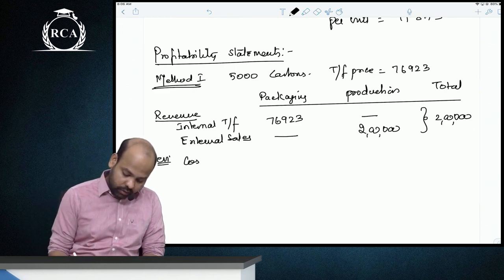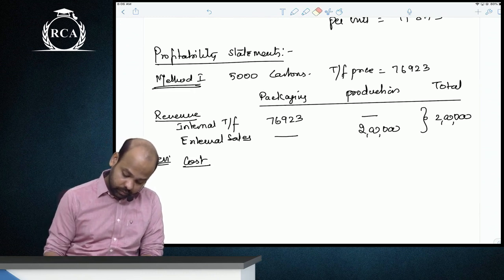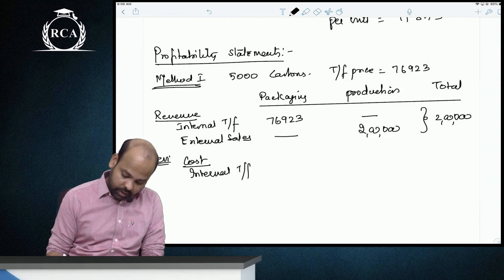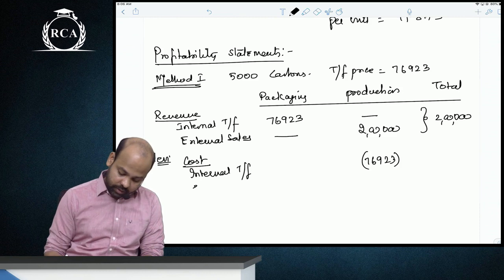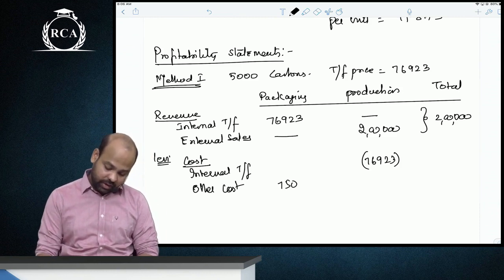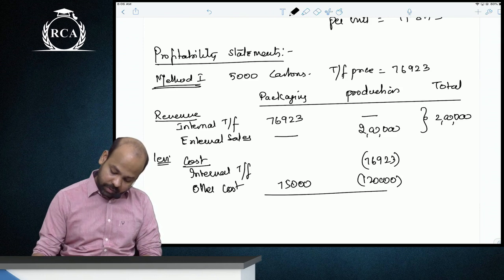Less cost. Cost incurred as such, guys. Internal transfer is a cost of 76,923. Whereas other costs that they are incurring here are 75,000. Here, guys, the cost is 1,20,000. So if you see, the amount of profit overall by the organization would only be 1,95,000.